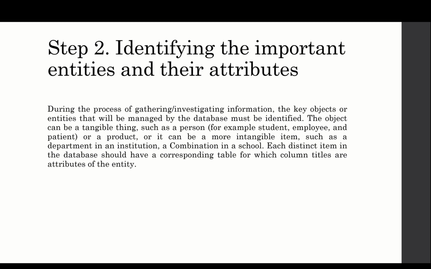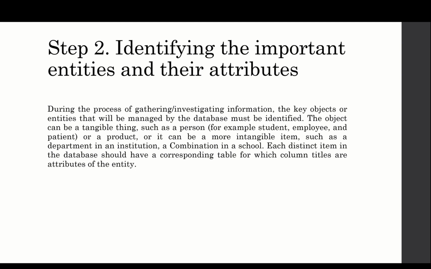For example, in a school there are students, in a given institution employees, the patient in hospitals, management, and so on. So those are what we call objects. It can also be a more intangible item, such as a department in an institution, a combination in a school, attendance, and so on.